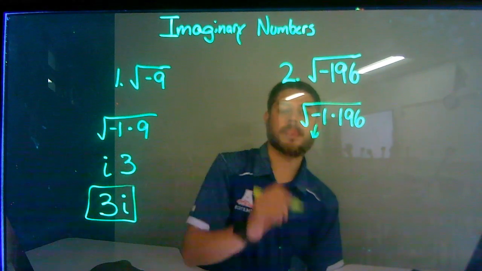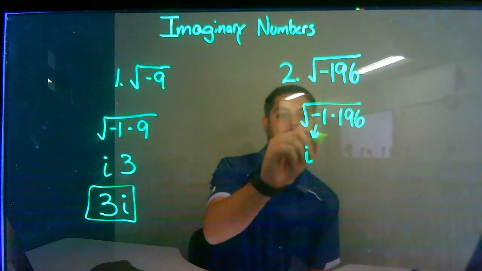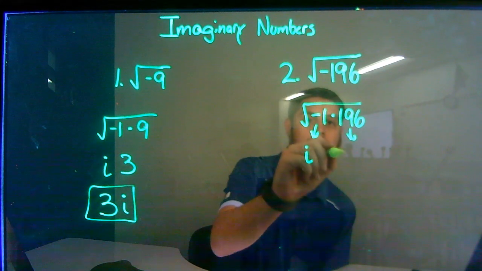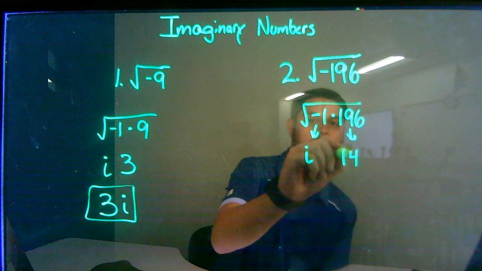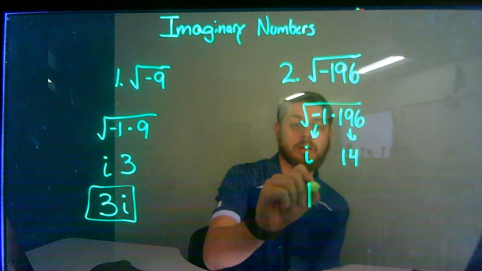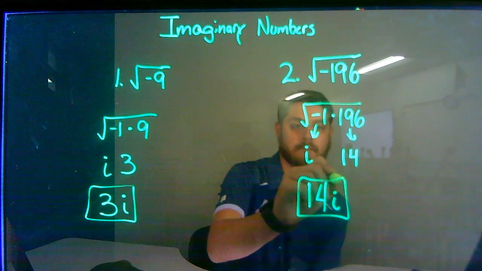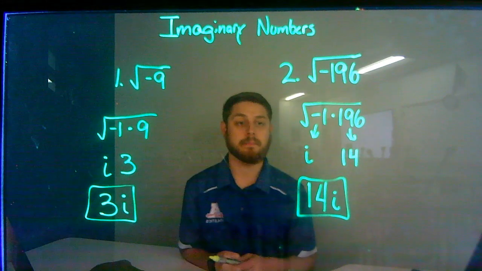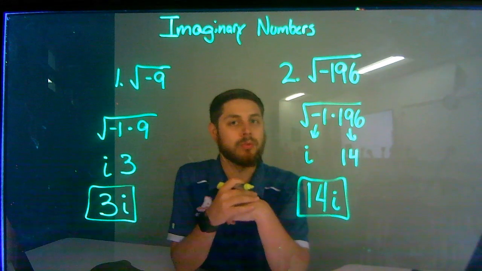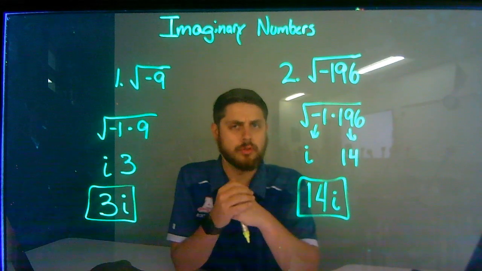The square root of -1 is i, and the square root of 196 is 14. If I rewrite this as one term, I get 14i. Again, these are our solutions. It's not as bad as you may think when you hear the words imaginary numbers, right? It's not too bad.